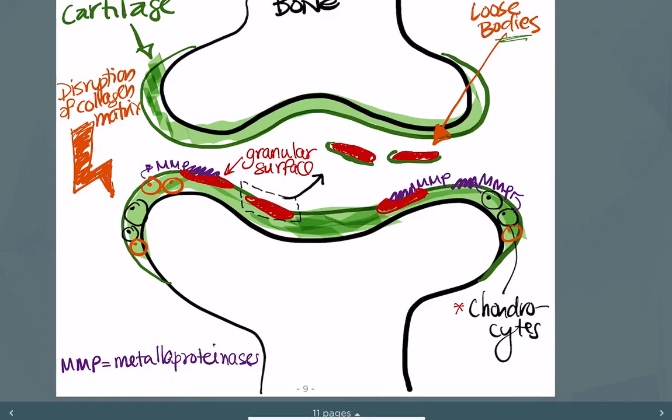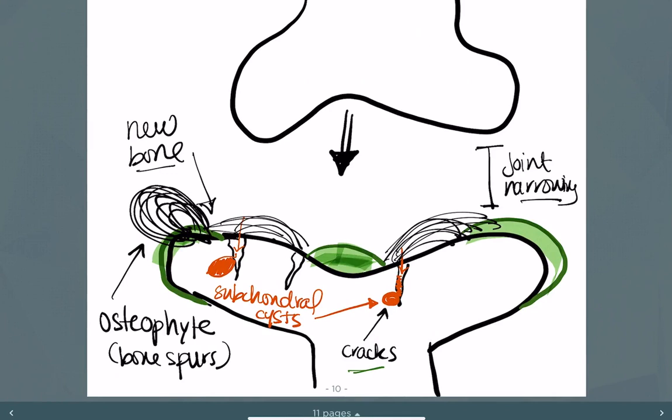As the disease progresses, things start to look really bad in the joint because subchondral bone becomes exposed, meaning it's no longer covered with that squishy absorption hyaline cartilage, but rather subchondral bone becomes the articulating surface. This can lead to subchondral cracks where synovial fluid leaks in and you can get cysts.